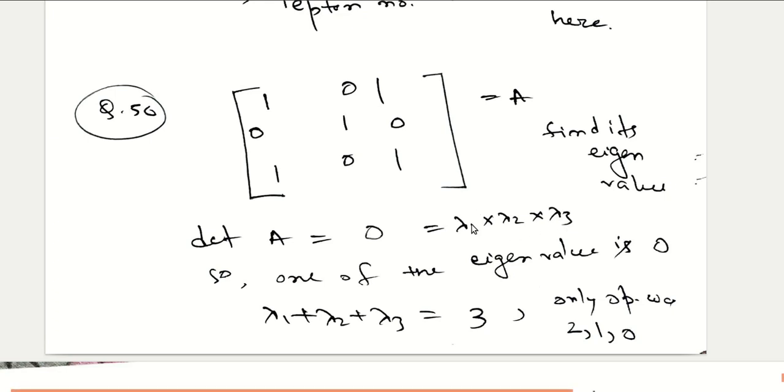So one of them, or two of them, will be equal to 0. But the options are given in such a way that only two options have a 0 eigenvalue, so that is confirmed. So one of the eigenvalues will be 0, and the second condition is that their sum will be equal to 3. So only one option has an eigenvalue sum equal to 3, which is 2, 1 and 0.